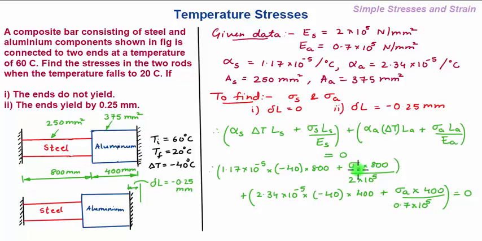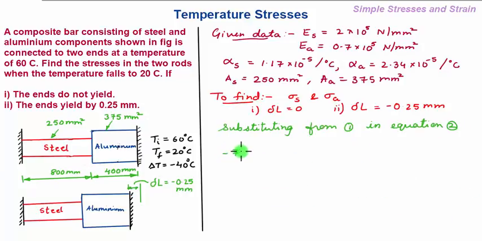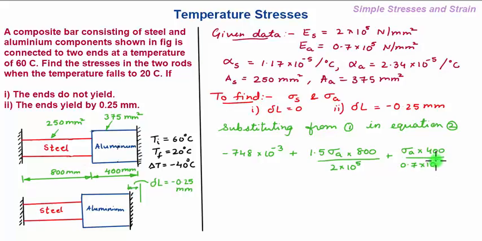Now upon substituting the value of sigma S in terms of sigma A from equation 1 in this equation 2, we get minus 748 into 10 to the power minus 3 plus 1.5 sigma A, this is nothing but sigma S, multiplied by 800 upon 2 into 10 to the power 5 plus sigma A into 400 upon 0.7 into 10 to the power 5, and this whole is equal to 0.